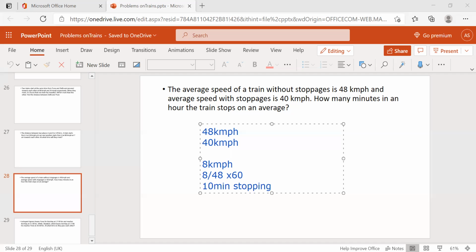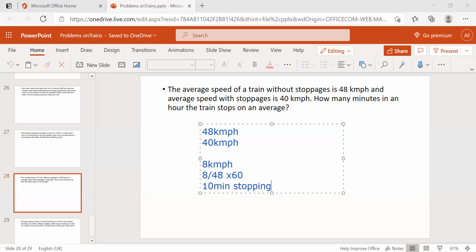First you need to find out the difference of the train speeds. If it is stopping, the speed is reducing. So 48 kilometers is the normal speed, and it reduces to 40 kilometers per hour.